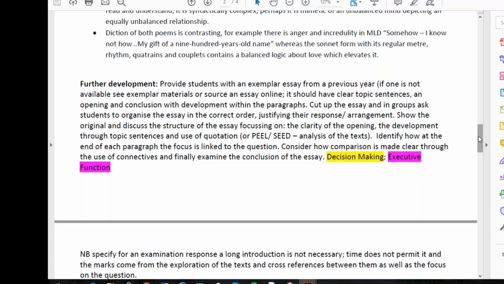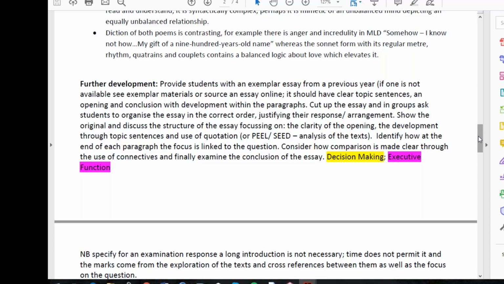That gives them an awareness of how important it is in a comparative essay to signpost for your reader where you're going with the comparison. It's the links between the paragraphs or the starter sentences, which I highlighted on that exemplar, which help the reader to understand where the student is going with the argument. So that would be a good way.